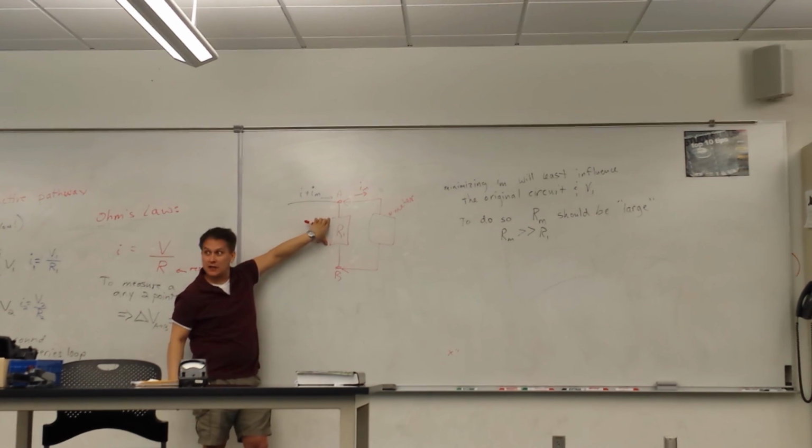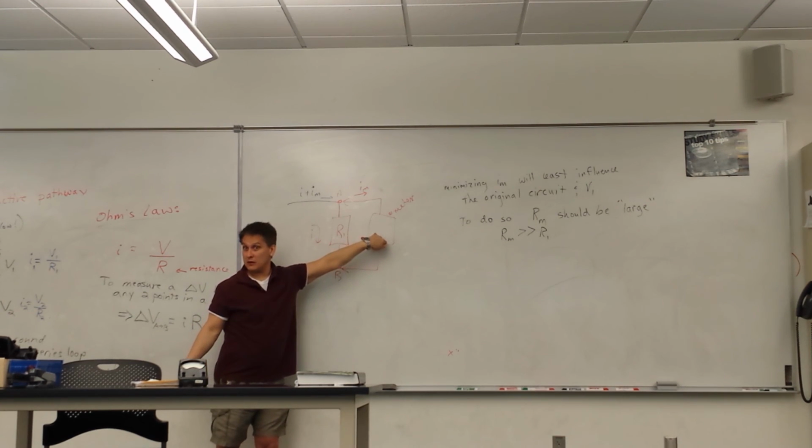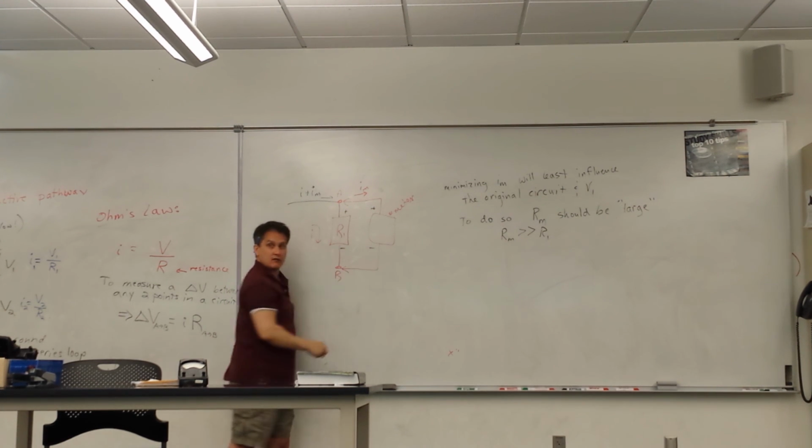If the voltage does not change significantly across R1, then I'm going to have more current because I'm going to have the same voltage across R2, or I mean across this voltmeter. This is positive, and this is negative. This positive and this negative will be the same.